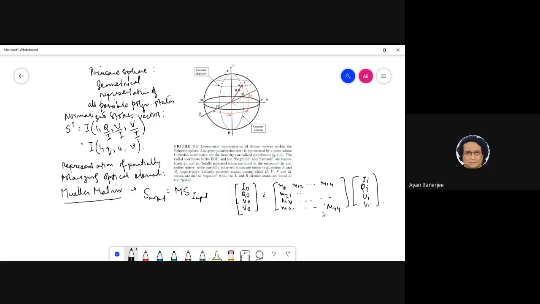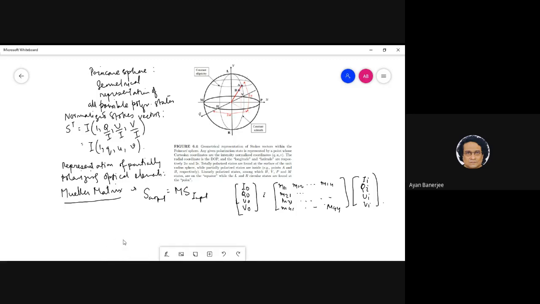That is very important. The Jones formalism is easy to find out, it's a 2 cross 2 matrix. But if you know the Jones matrix of any optical element, then you can use something like we just did to get the Muller matrix of that object. Okay, and that is given by a simple relation.